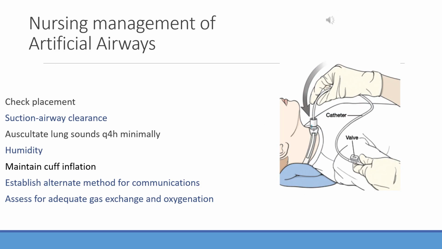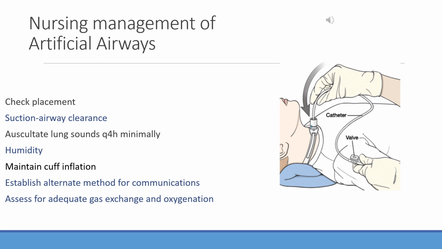Nursing management for artificial airways, and in this case, we're going to be talking about a tracheostomy tube. We always want to check placement. Checking placement includes listening to the client's lungs because you want to see if all lobes of the lungs are being ventilated adequately. We want to suction for airway clearance in case there's any kind of mucus plug, because a lot of times with trachs you have a tendency to have more mucus buildup. Auscultate lung sounds at a minimum of every 4 hours.